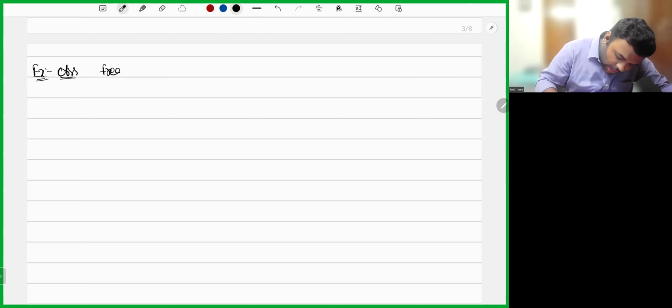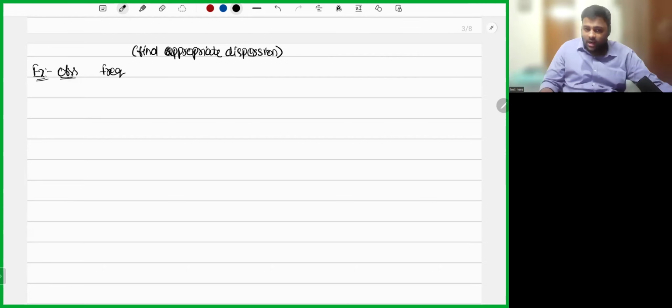The question is: find appropriate dispersion. In the examination, he didn't say to calculate quartile deviation. He just said find appropriate dispersion.